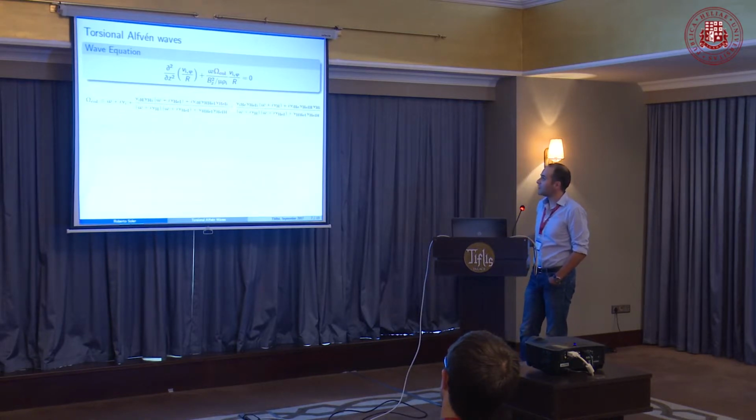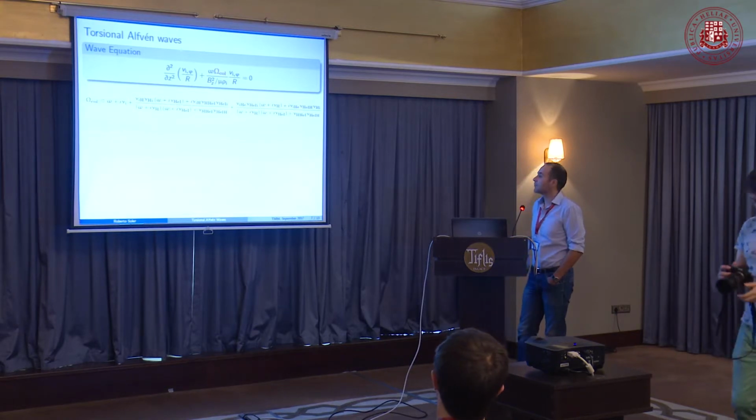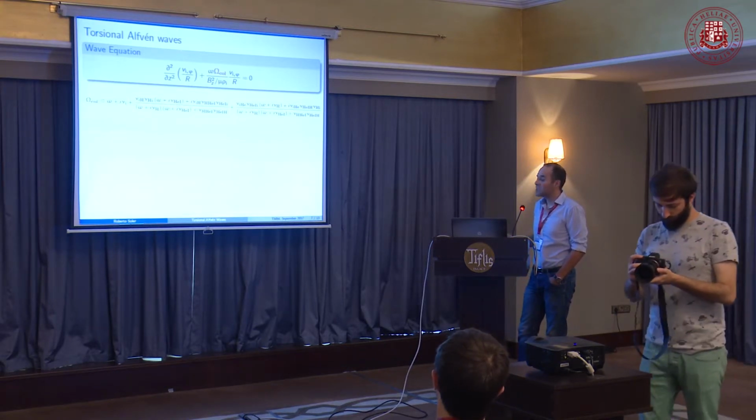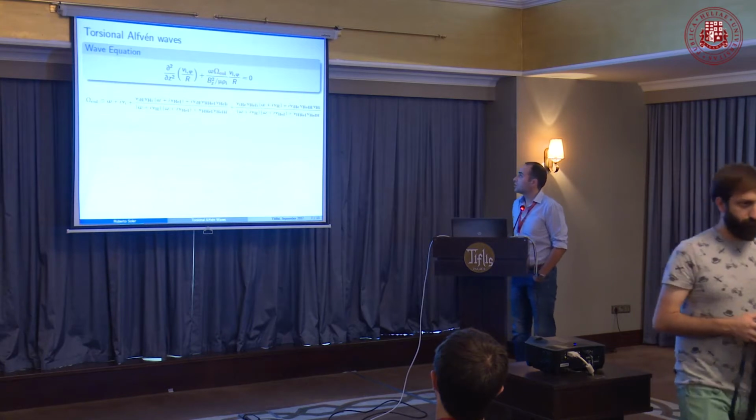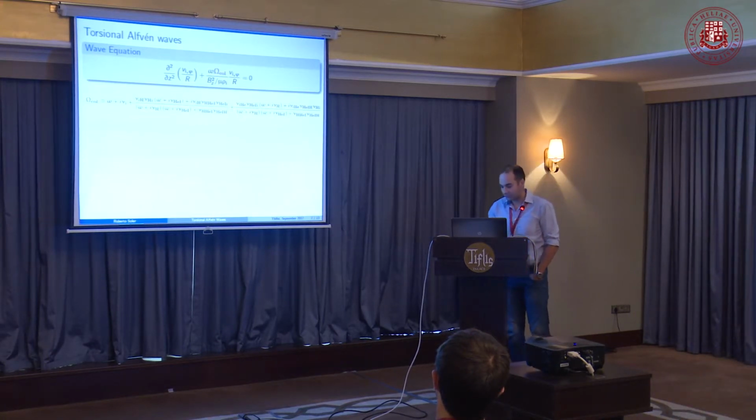What is important here is that we have this term in red, this omega pole, which is a complicated expression that contains all the collision frequencies between the different species that form the plasma. So this term contains the effect of the dissipation.